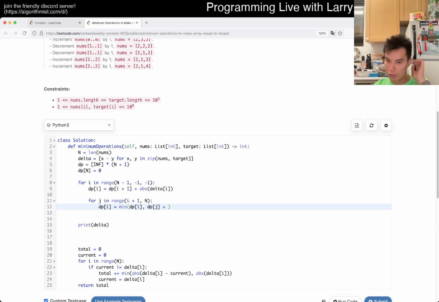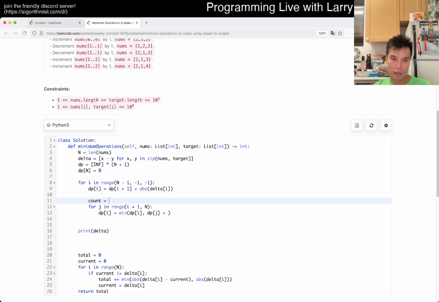Okay, so this is the average, right? So then it is going to be count, right? So count is equal to... okay, and then now is this i plus 1?